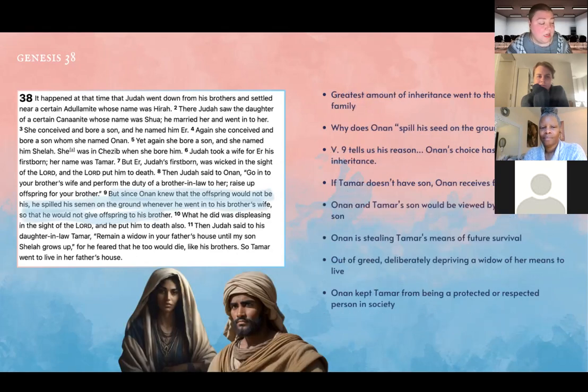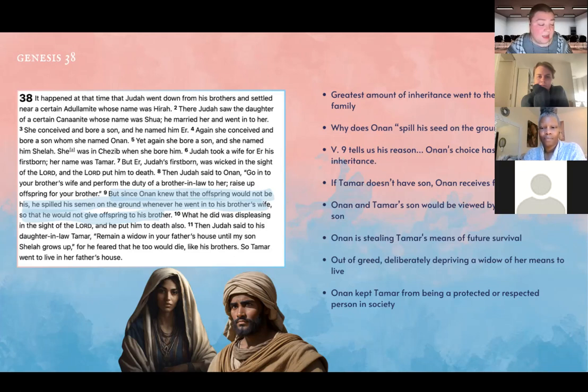Secondly, we must also keep in mind that the greatest amount of inheritance went to the eldest son of the family. The second largest went to the second son, and so on down the line. Now, with this in mind, we understand better what is happening here. Judah tells his second eldest son, Onan, to carry out his duty and to give Tamar a son.